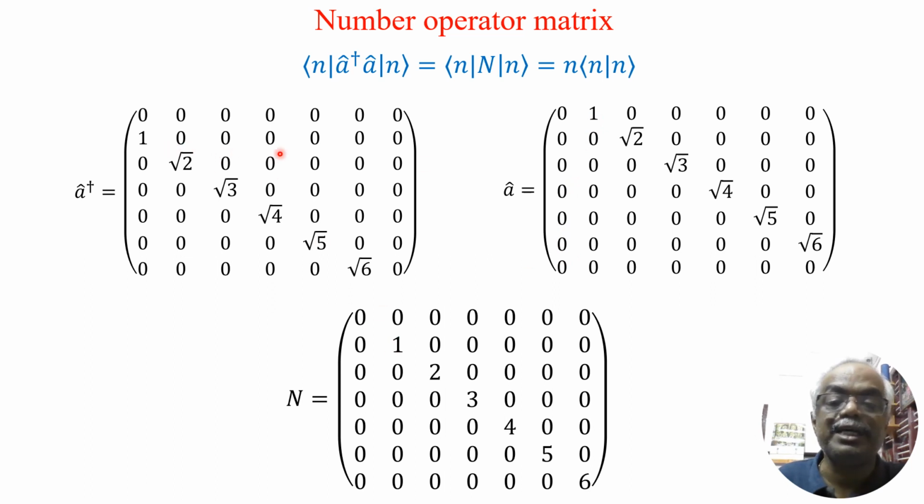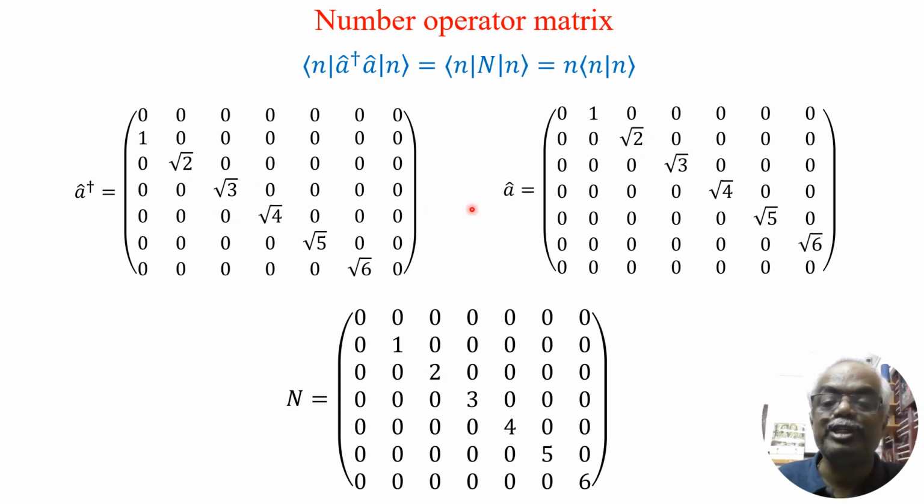Then in the third column, the second element only is square root of 2. You are multiplying with this. Only the first element is multiplied by 1, all others are 0. So only 1 will come. If you take the third one, here the third one only, because all other columns are 0, so square root of 2 times square root of 2 will become 2.